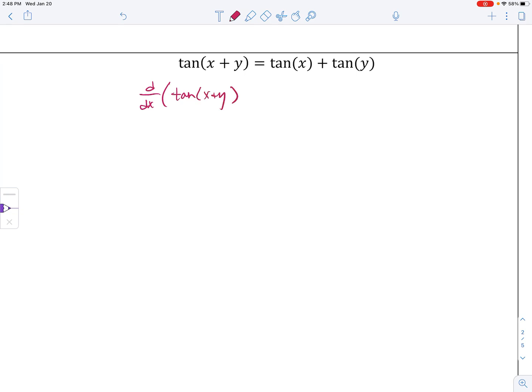Okay, first step is to show that we're differentiating with respect to x.